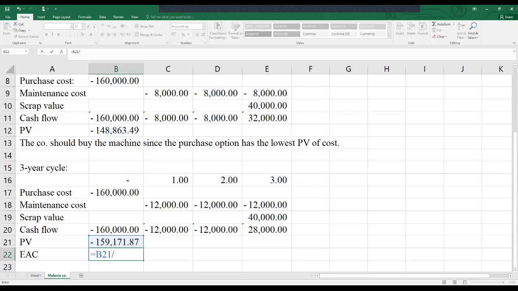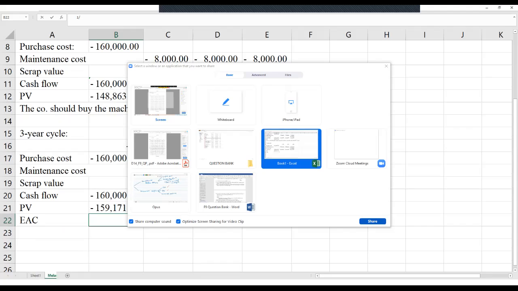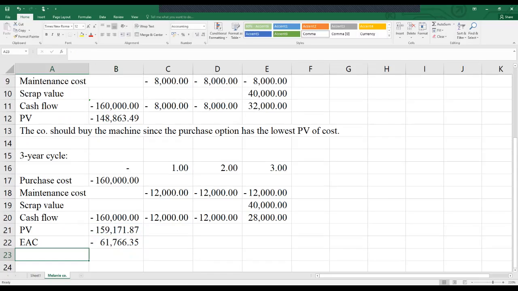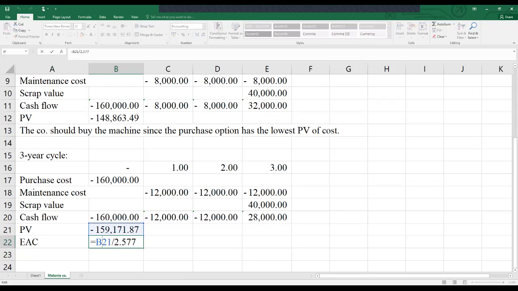From the table, 8%, 3 years, I get 2.577. So I divide by 2.577. Therefore, every year you shall be incurring a cost of 61,766. So the present value of cash flow, 159,171, you divide by the present value annuity factor for 3 years, 8%.